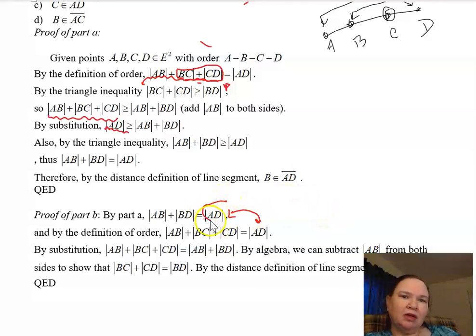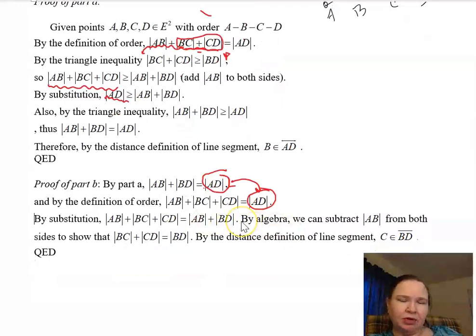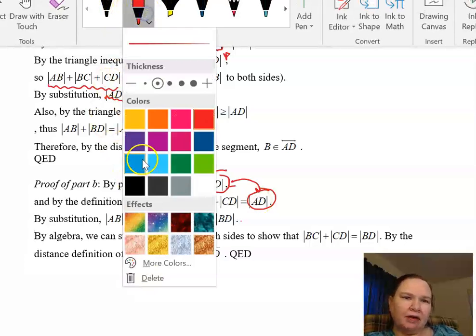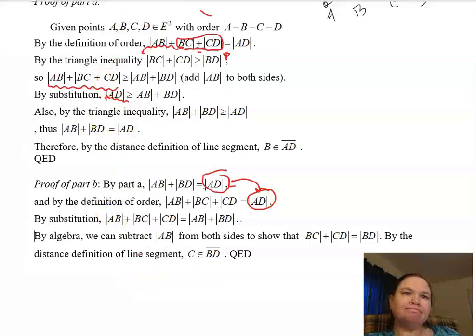Look here, I have AD in both equations. I could set them equal to each other because they're both equal to the distance from A to D. Now, when I just look at those as equations, I can see, check it out, I have an AB on both sides.